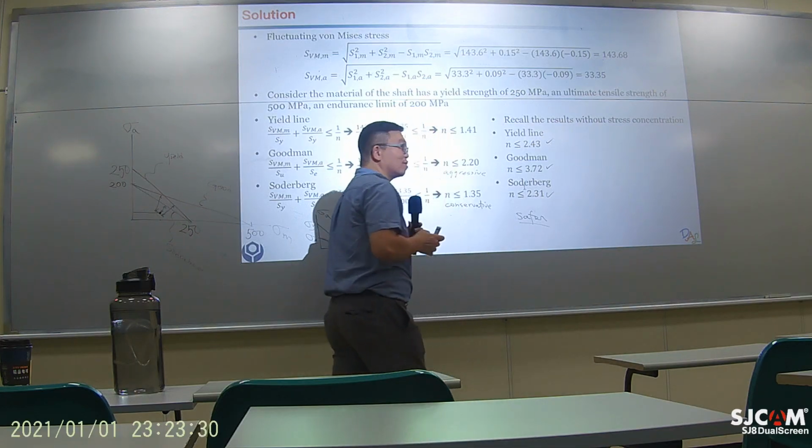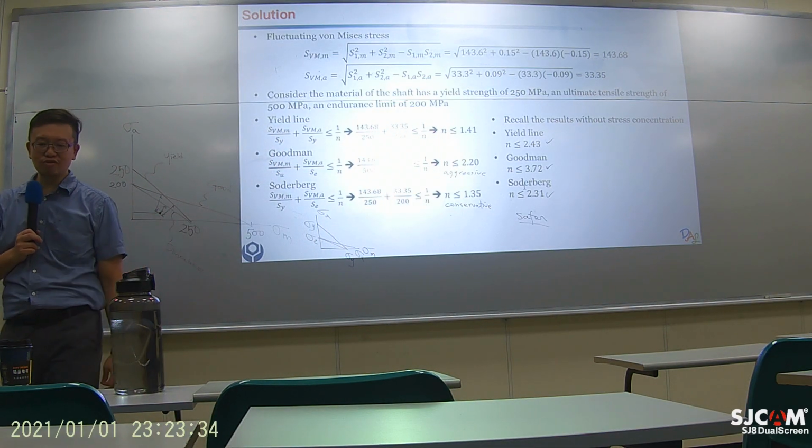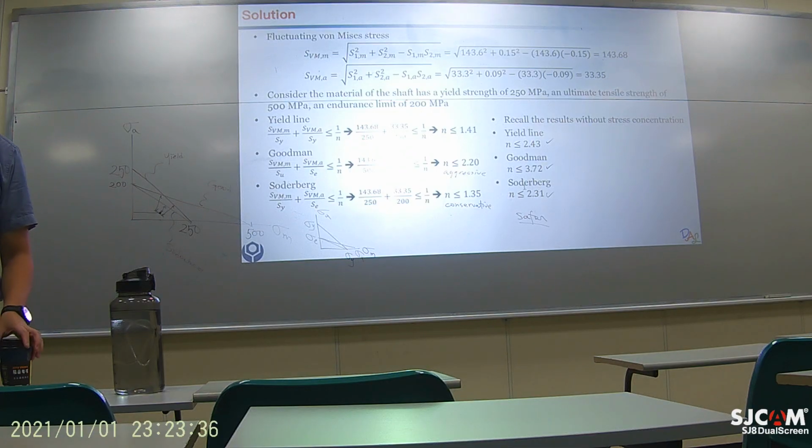Right? Because if we don't consider stress concentration, the stress values would be lower. So of course, we will think we are safer. And the calculation tells the same thing. The calculations tell us our safety level is higher. Okay?